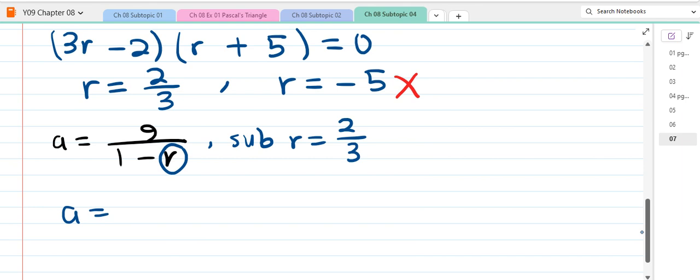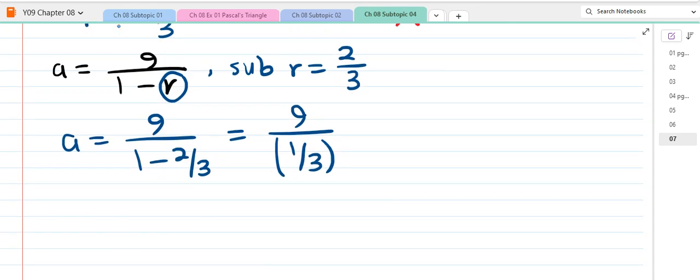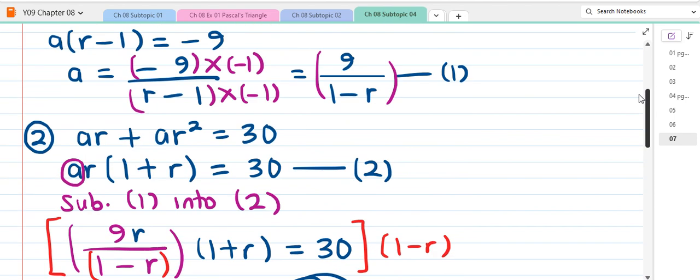So a equals to 9 over 1 minus 2 over 3, which will make this 9 over 1 over 3. So 9 divided by 1 over 3 will therefore give you 9 times 3, which is 27. So there you have it. This is the first term for this example.